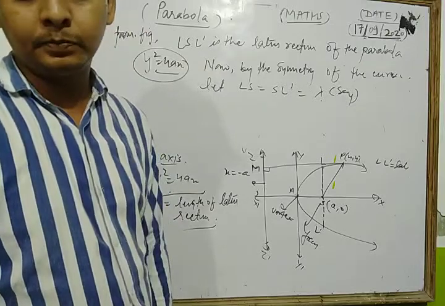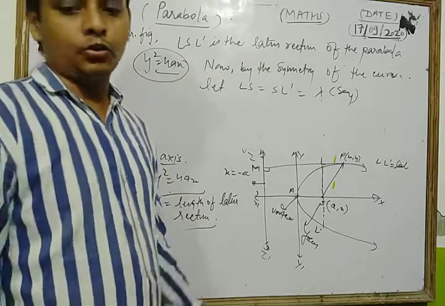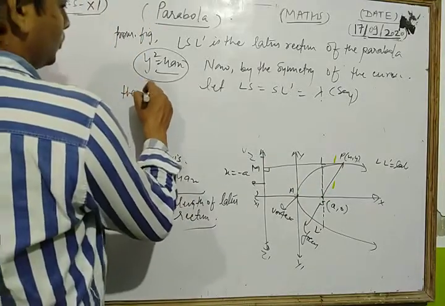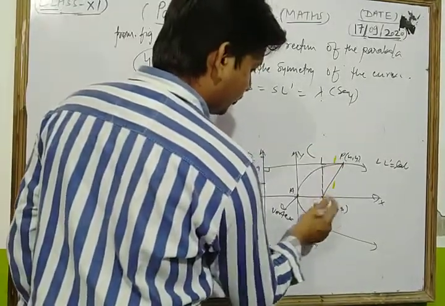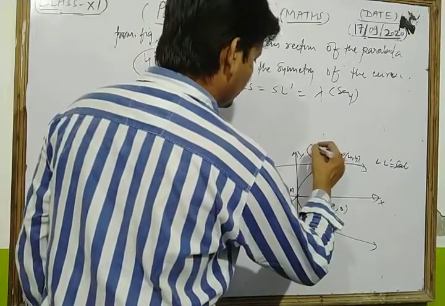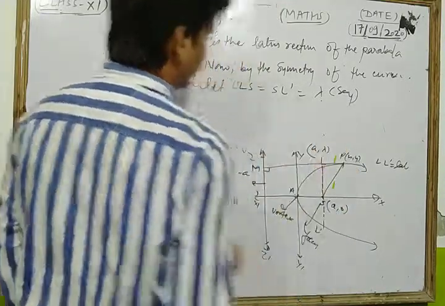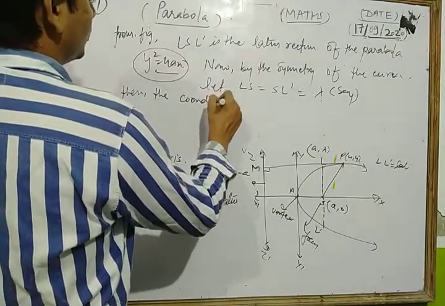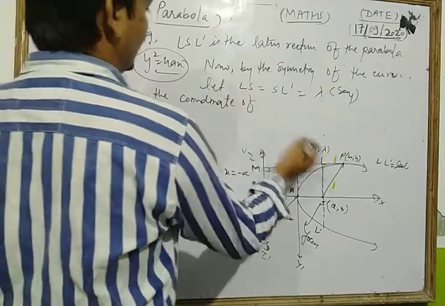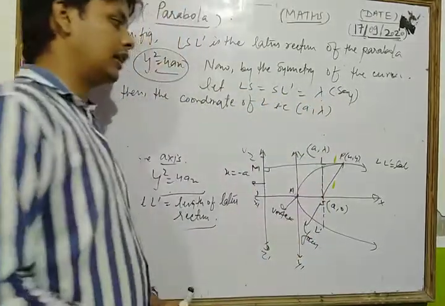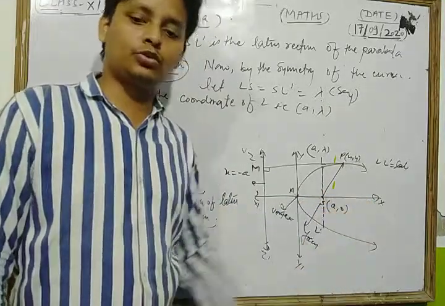Then, dear students, the coordinate of L is what? This is a, and this is lambda, so the coordinate of L is a lambda. The coordinate of L, that is a lambda, lies on the parabola y square is equal to 4ax.